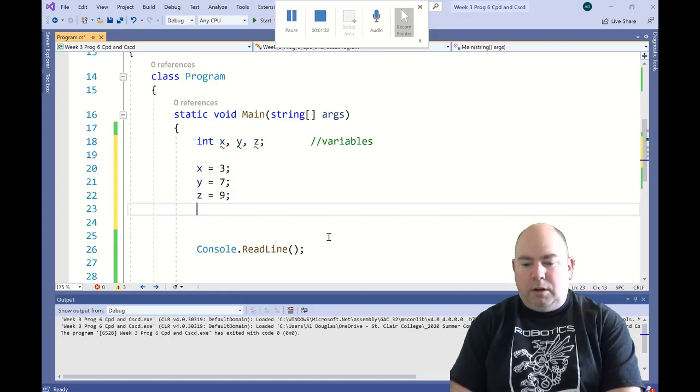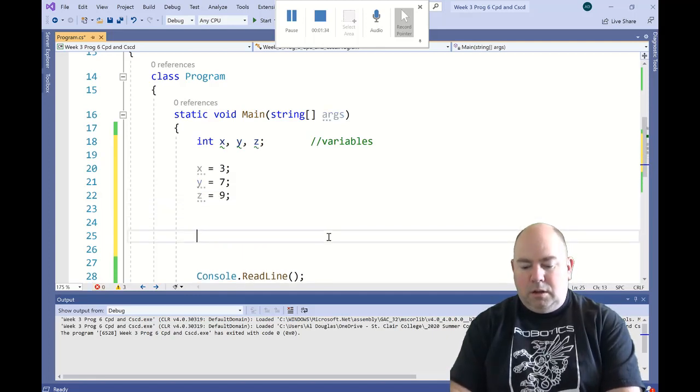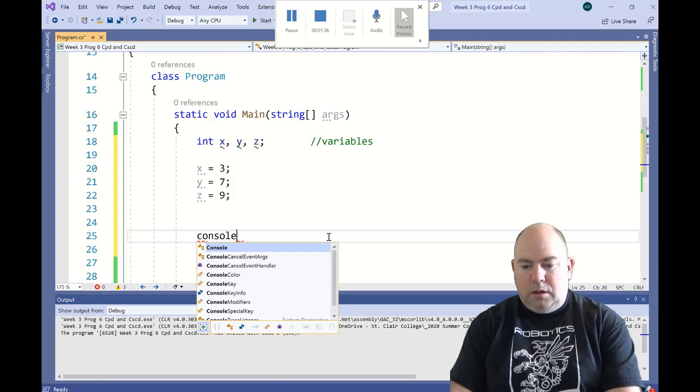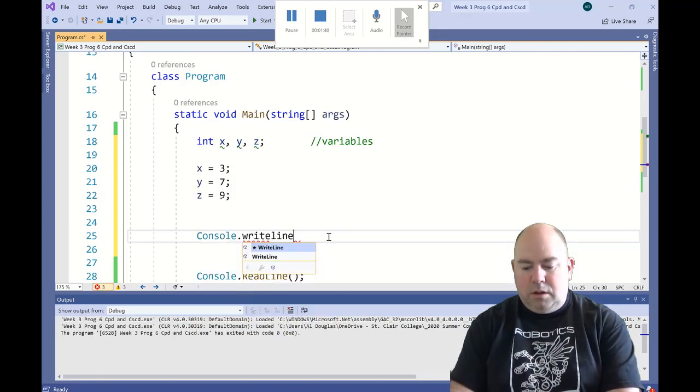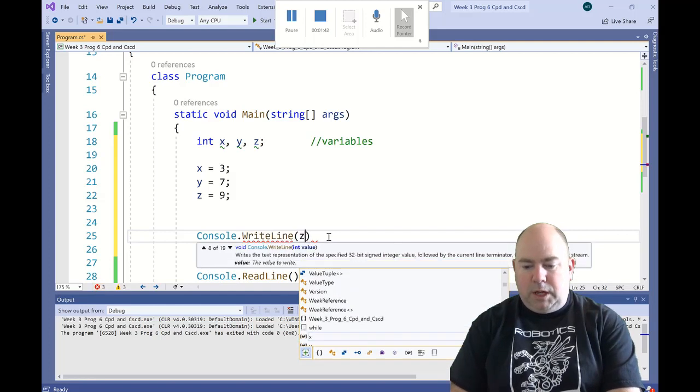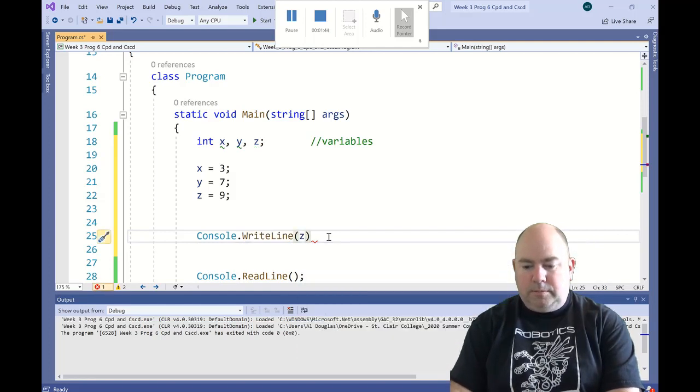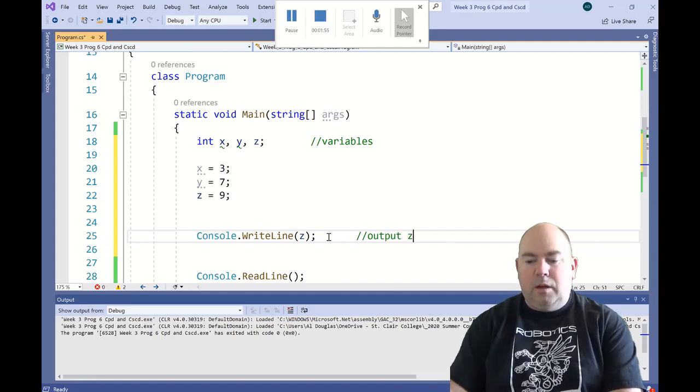If we want to output the value of z, we can output that.